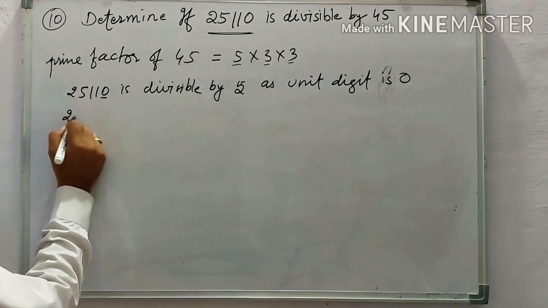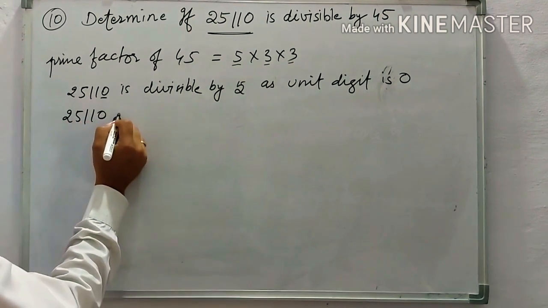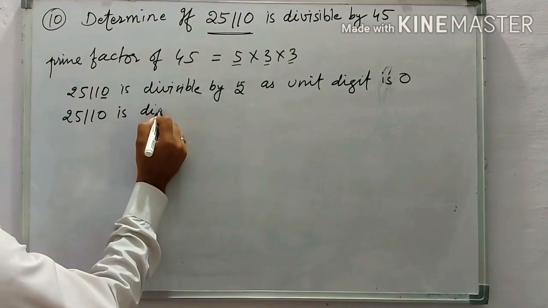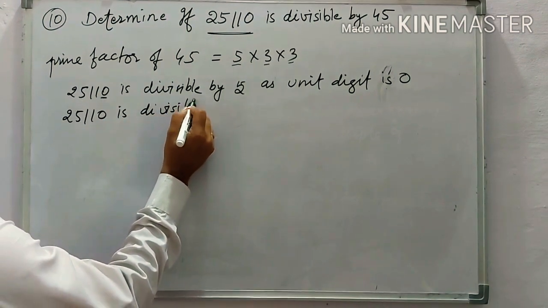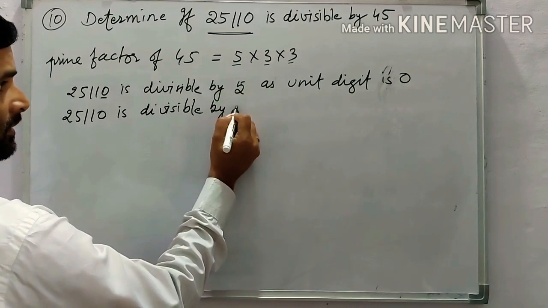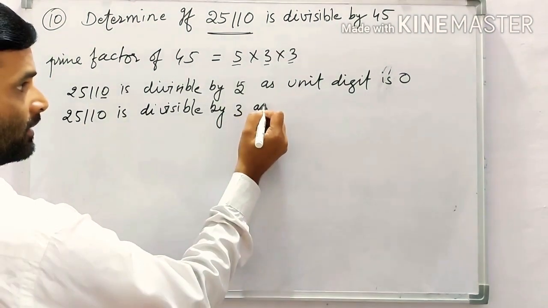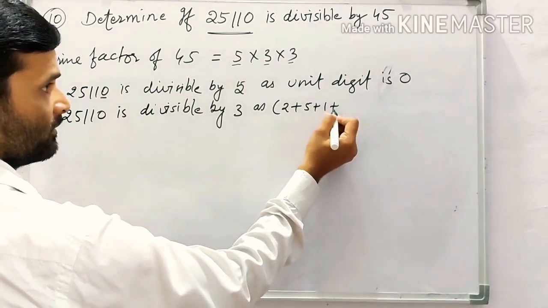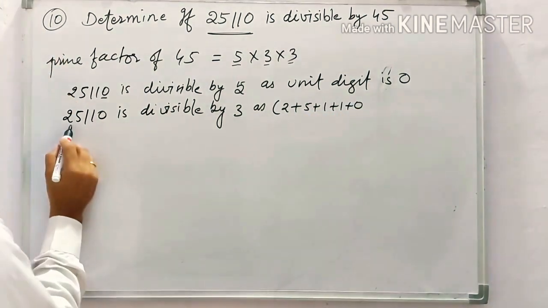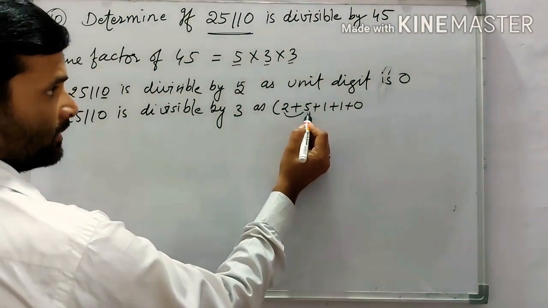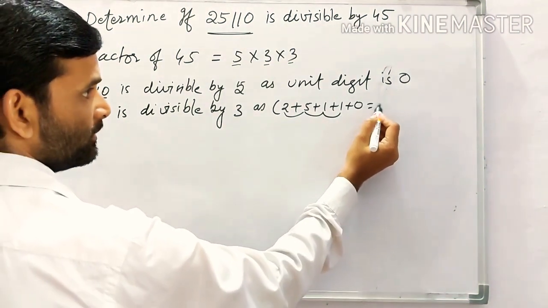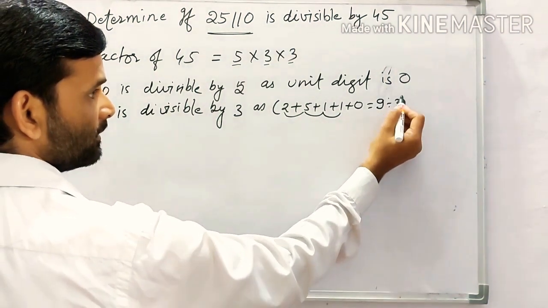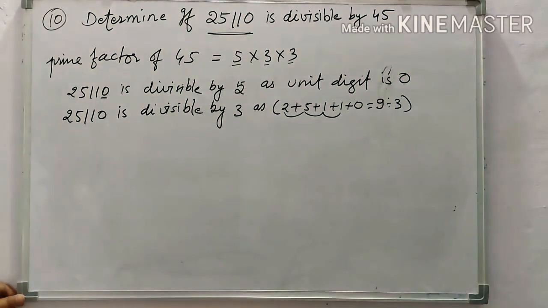Next, 25,110 is divisible by 3, as 2 plus 5 plus 1 plus 1 plus 0, the sum of the digits, is 9, and 9 is divisible by 3.